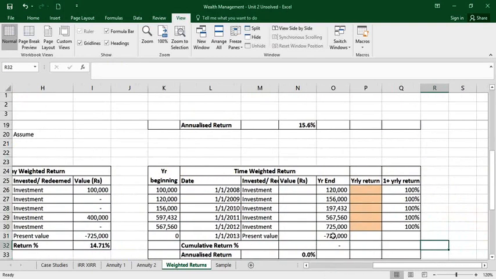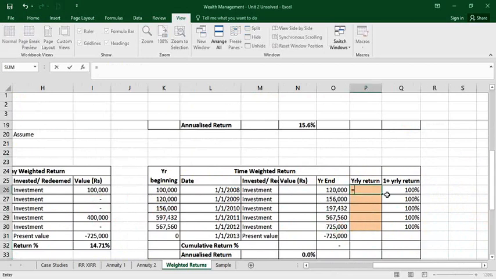Now when you look at the time weighted rate of return, you will note the year beginning value and year end value. Now year end is the same as year beginning next time because there's no investment happening. The only investment happens in year 3, at the beginning of year 4, essentially after 3 years. 197 is getting added with 4 lakhs, 597, and then the investments come here, right?